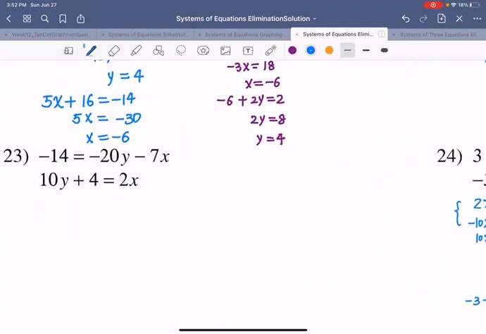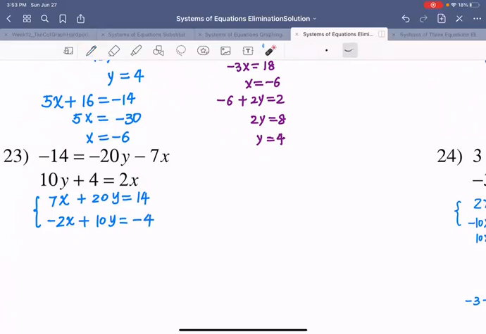So we want to put x first. 7x plus 20y equals 14. Good. And then this guy moves to the other side and will be negative, right? So negative 2x plus 10y equals negative 4. Okay, very good.